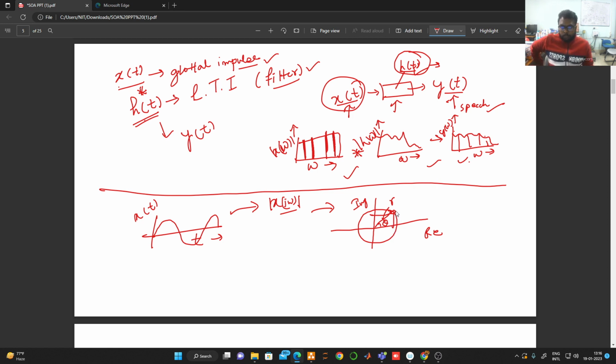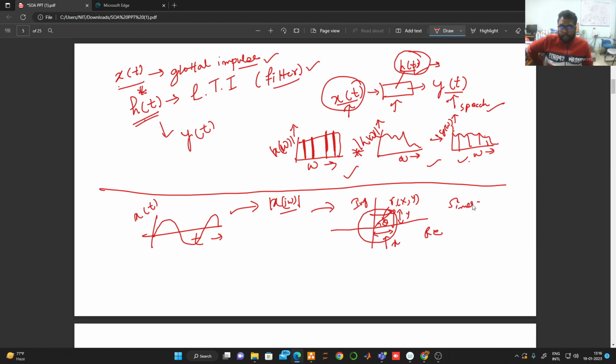Let me represent this coordinate with x and y. This part is definitely going to be x, this is y, and the hypotenuse of this triangle is r.